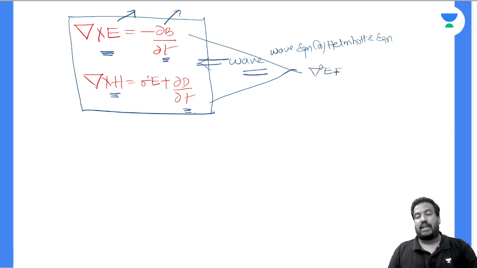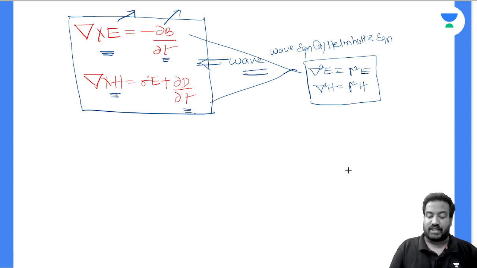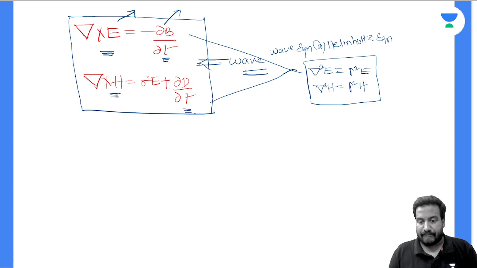Del square E is equal to gamma square E. Del square H is equal to gamma square H. These are Helmholtz equations. Solving this, you will get expression for E and H. Is that clear?